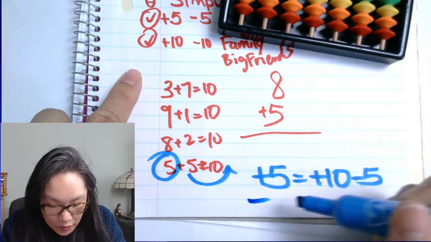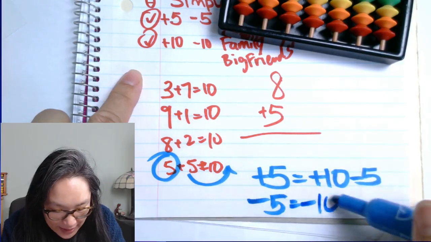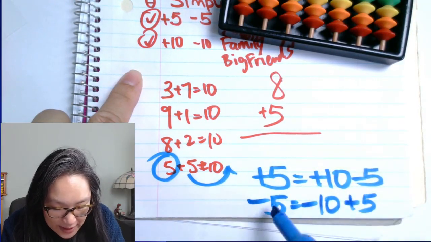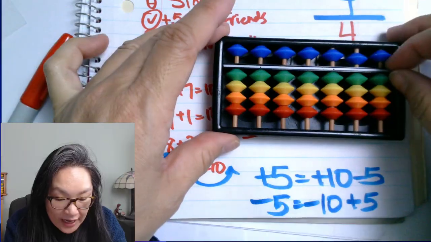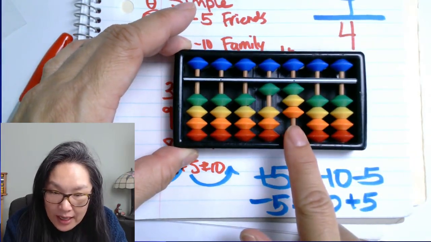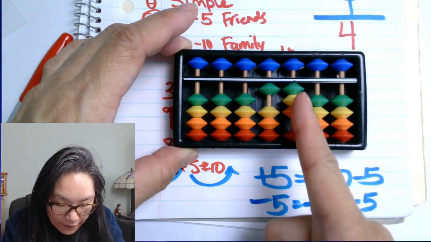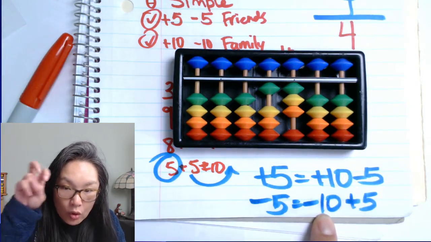Yes, thank you. So again, we just need to subtract it. Minus the 5 is equal to minus the 10 plus the 5. Notice that my operations are now reversed. It's the same thing. So if I had 13 and I need to take away 5, this is the 5 I need to take away. I don't have enough. All I have to do is borrow.